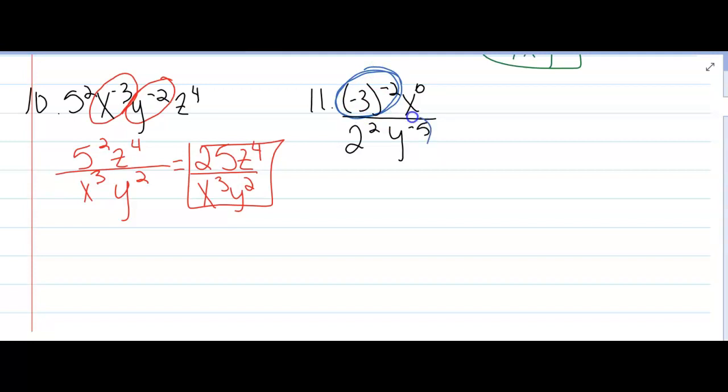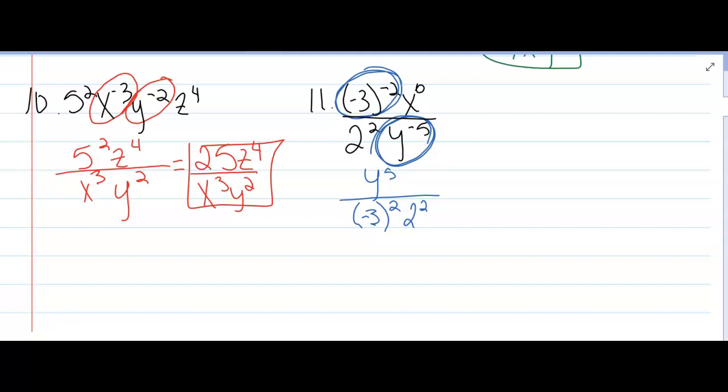In the denominator, I also see a y to the negative fifth. So what happens here? I circled the negative 3, so the negative 3 stays a negative 3, it just moves to the denominator, and that negative 2 becomes a positive 2. I did not circle the 2 in the denominator, so that 2 squared just stays down there. Now I did circle the y in the denominator, so that's going to move up to the numerator, and that negative 5 becomes a positive 5.